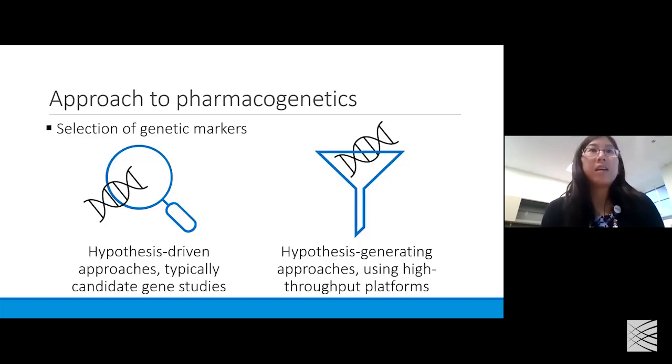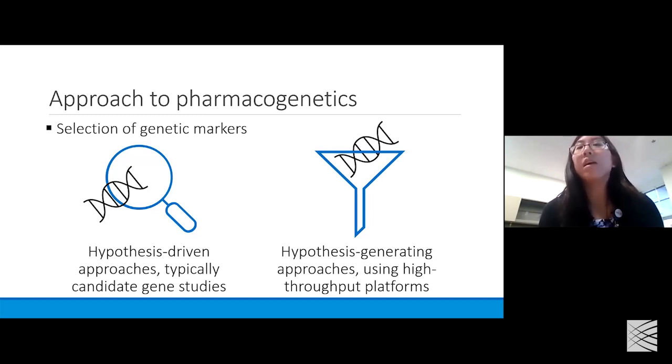In terms of selecting genetic markers in a pharmacogenetic study, the initial studies were hypothesis-driven, where specific single variants or multiple genes that had some sort of biologic relevance were selected and tested based on potentially being well characterized to cause a drug response.